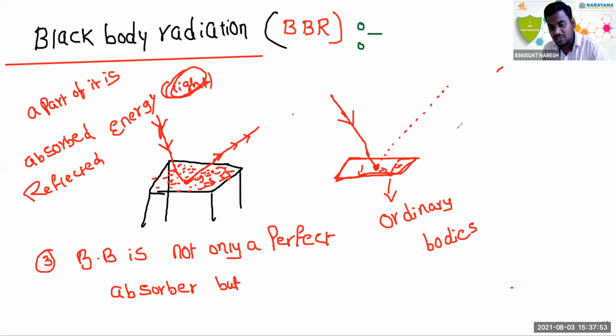A black body is not only a perfect absorber, but also a perfect emitter of radiant energy.